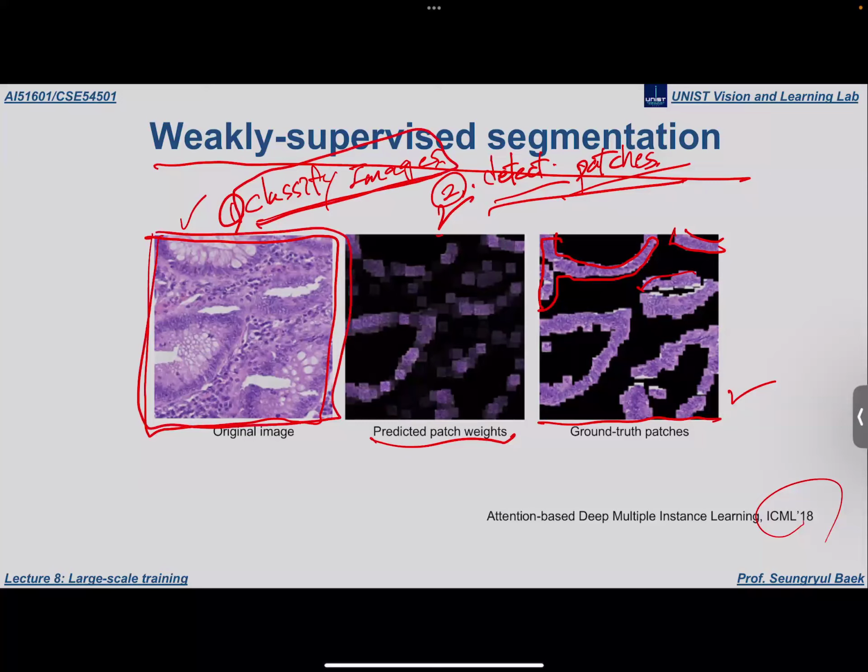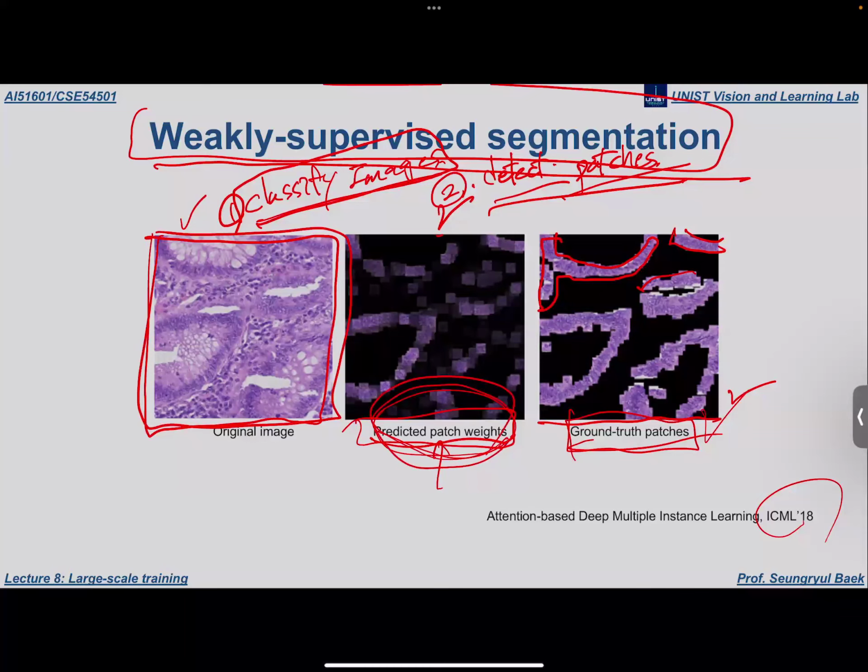But using only that label, we want to also detect the patches that have a relationship with that disease. And this is the ground truth, but we will not actually use it. We will only use this for evaluating these intermediate patches. So in that sense, this is a weakly supervised segmentation task in the context of finding these patches. We are given only image level supervision, but want to find the related patches.